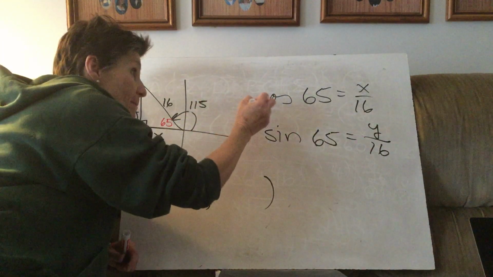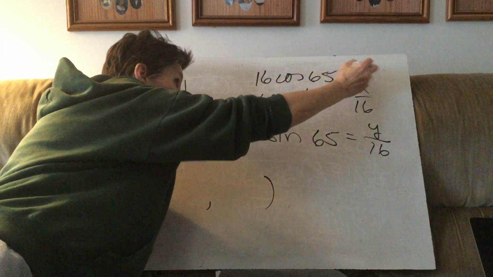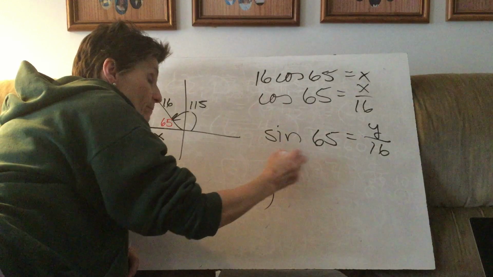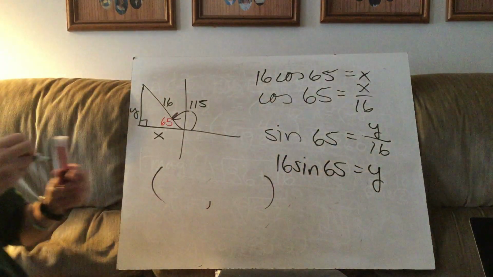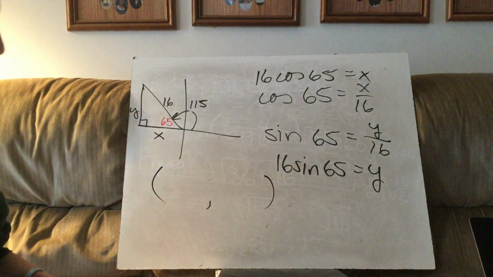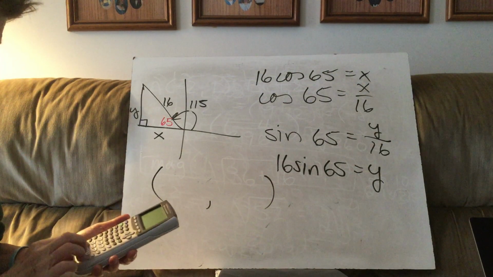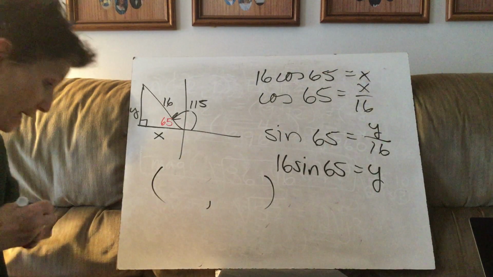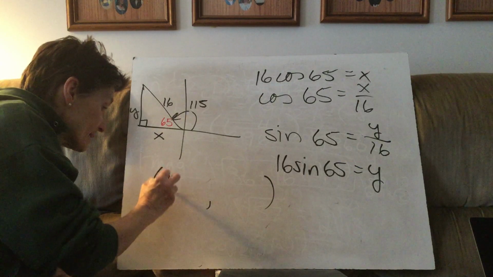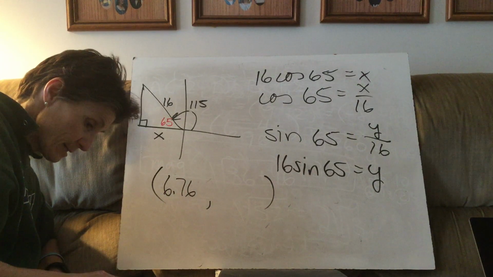Then we can multiply by 16 to get rid of the fraction, get our variable by itself, and then just type it in on the calculator. So 16 cosine 65. For x, I got 6.76. And 16 sine 65.